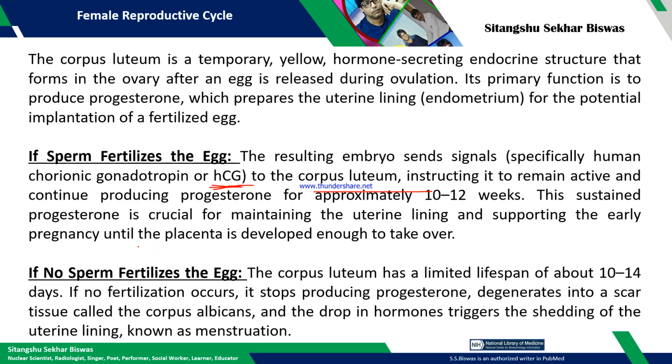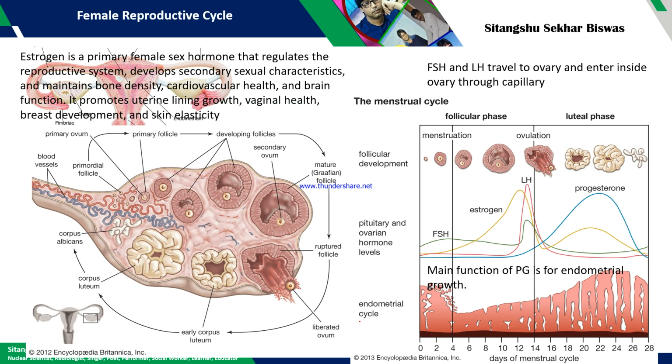Once the corpus luteum starts to degenerate, the concentration of progesterone drops down, and this will trigger the shedding of the uterine lining, and menstruation started, which will initiate another cycle.